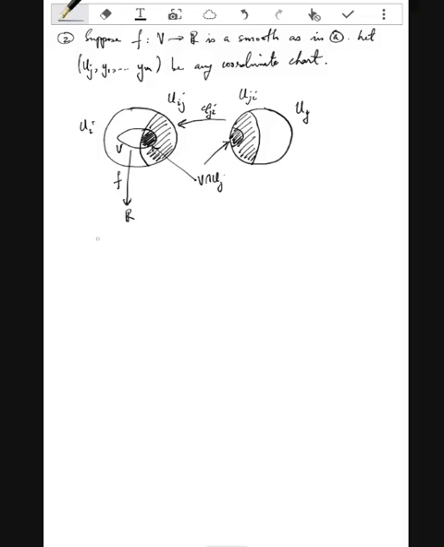And so from this diagram, it is clear that f restricted to V intersection U_j is equal to f composed with phi_ji, restricted to V intersection U_j.